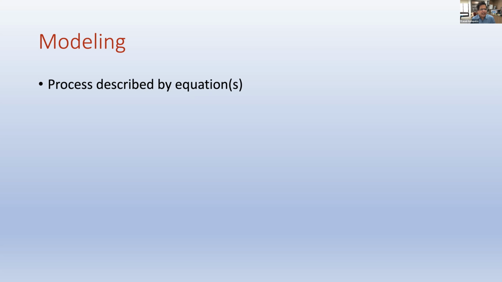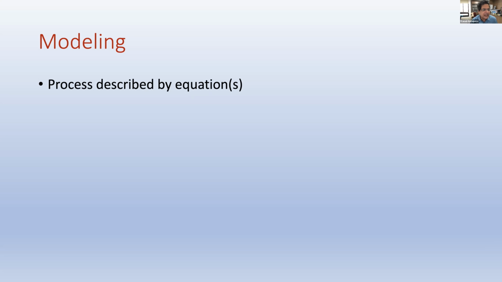Let's say I am doing the runoff calculation for my campus. I may just consider that this campus has this much of roads, buildings, or garden, and I may consider a factor of something like 80%. So if there is a rainfall event, maybe 80% of the rainfall will become runoff. That kind of modeling is also available.